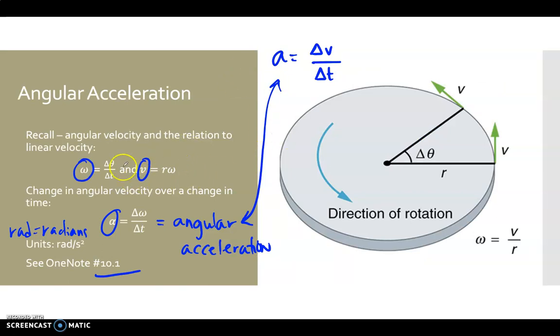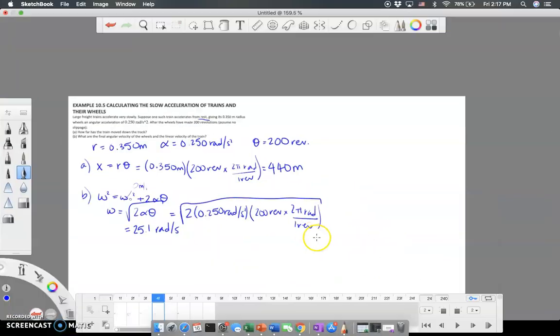Yes, so here is my linear velocity in relation to angular velocity: V equals R omega. So V equals R times omega, where R is 0.35 meters, and omega we just solved for is 25.1 radians per second.